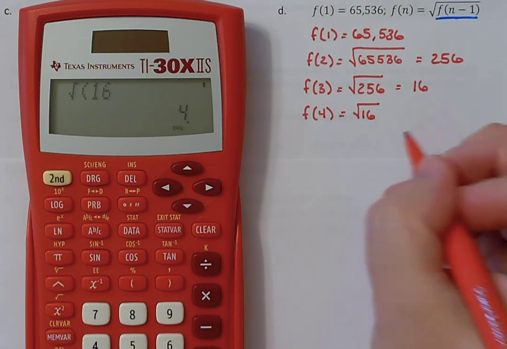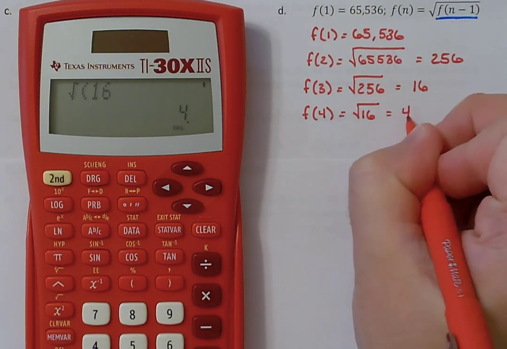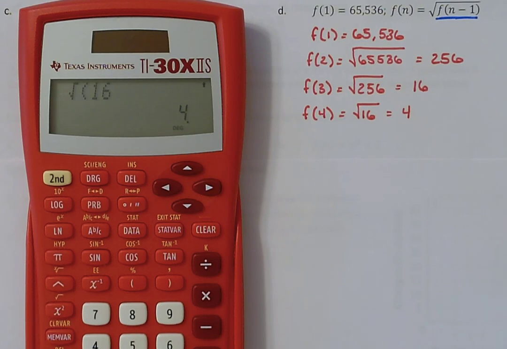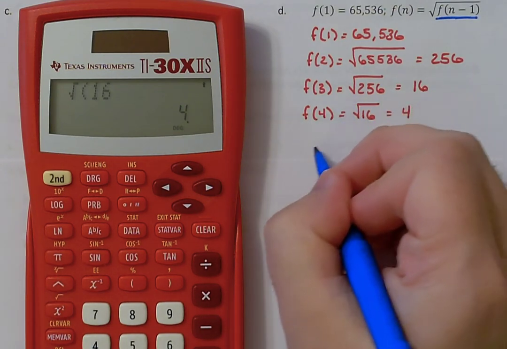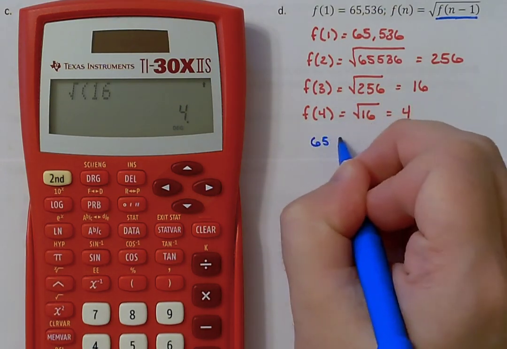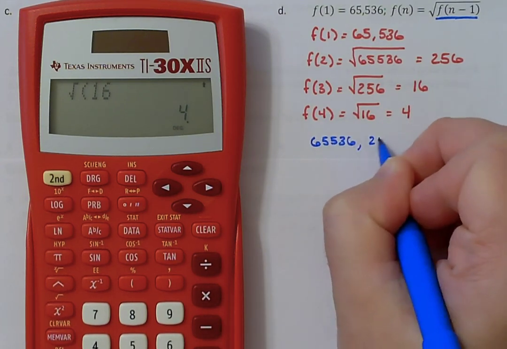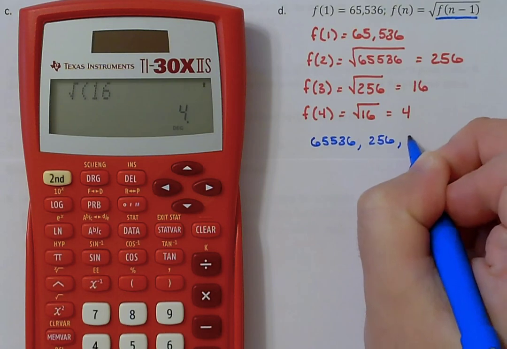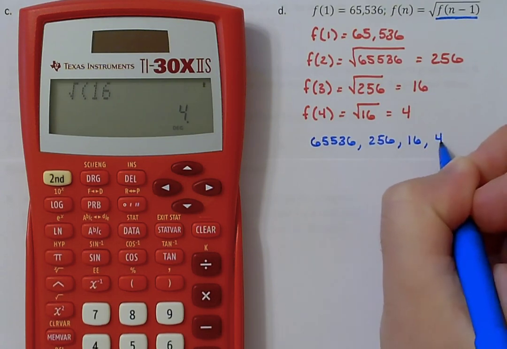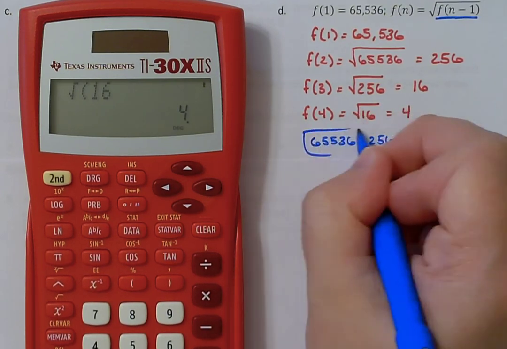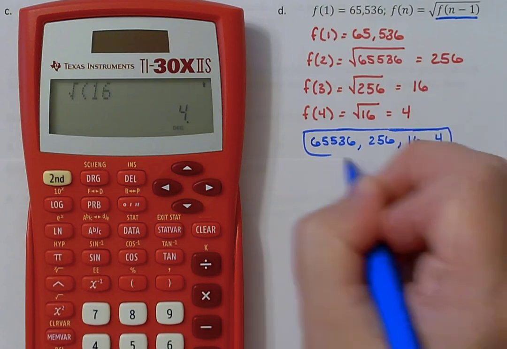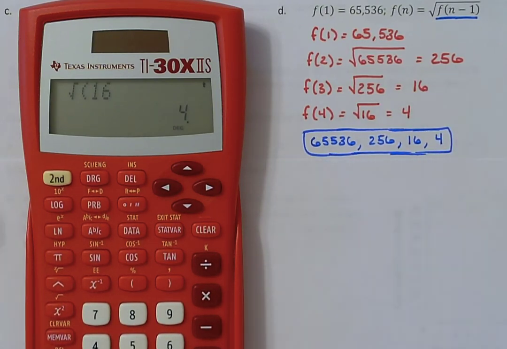And the square root of 16 is 4. So my first four terms of the sequence are 65,536, 256, 16, and then 4. And that is our answer for part D.